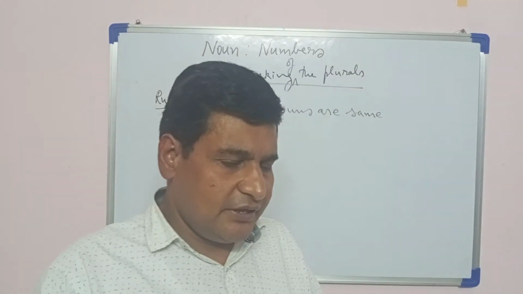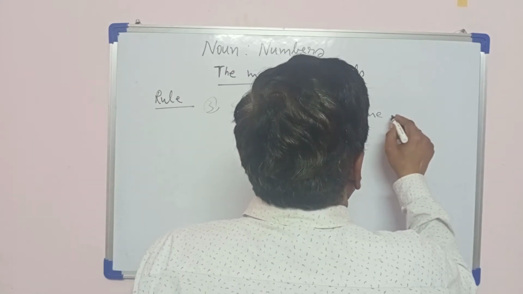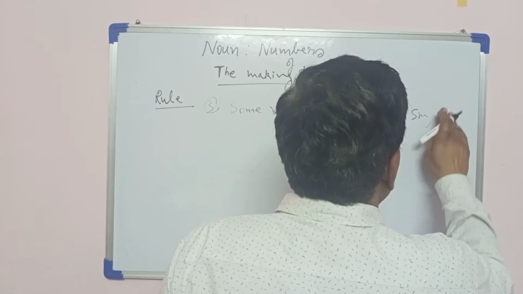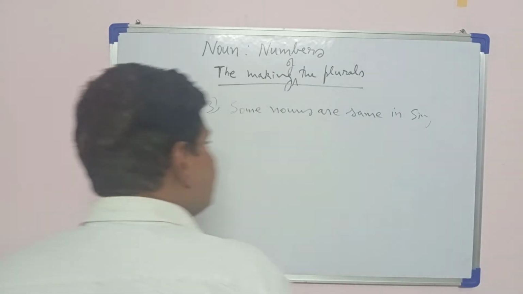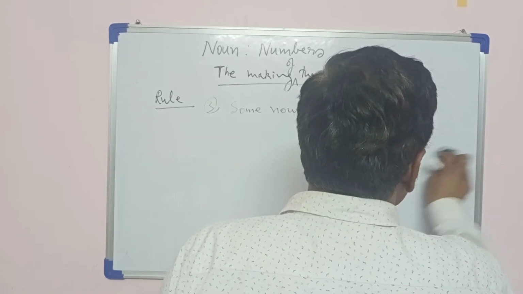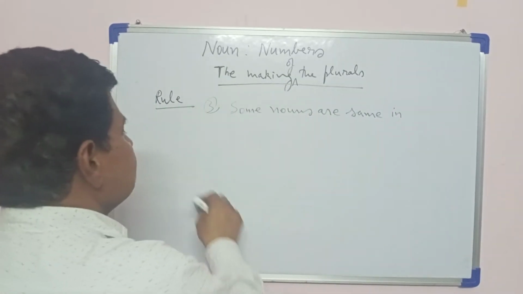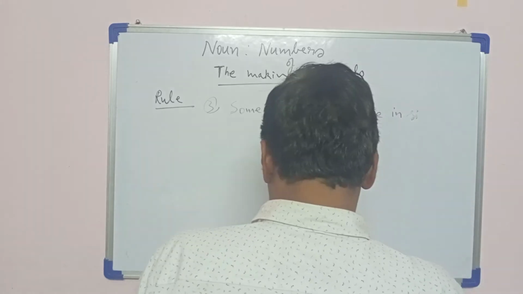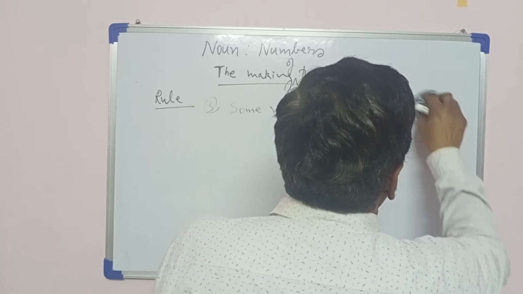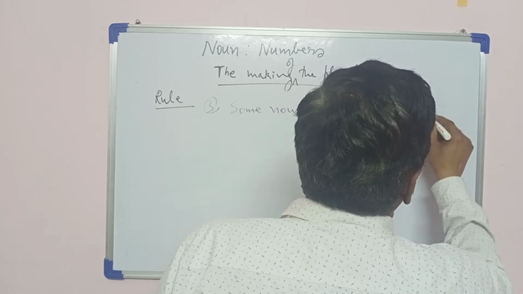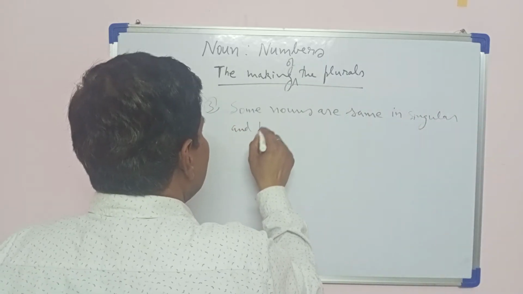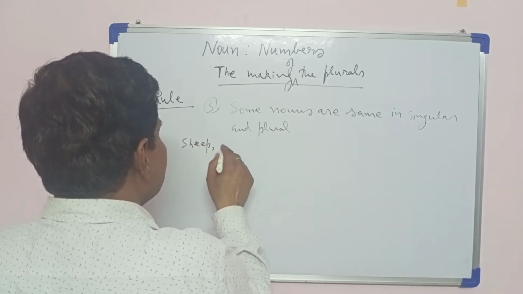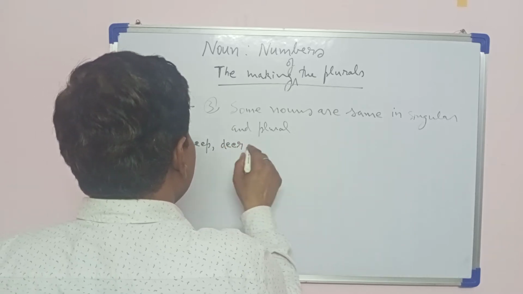They make the plural by keeping the same form in singular and plural, like sheep, deer, swine.